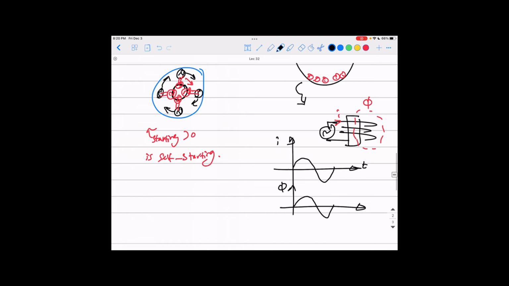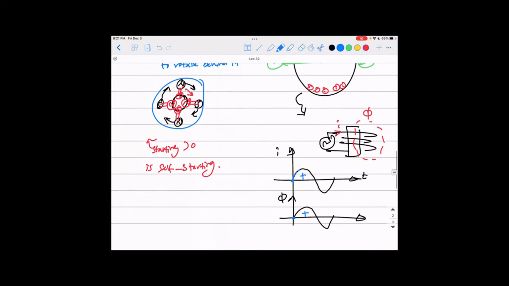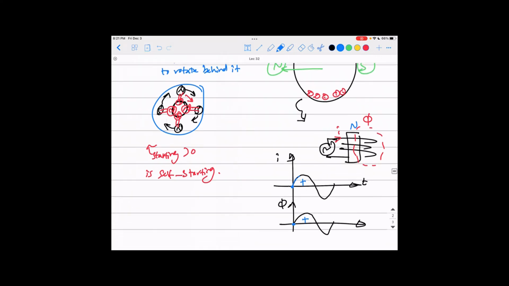So the whole point is, with the change in the current, it begins from 0 here, so the flux is 0. The current goes positive, so the flux goes positive. Maybe you have a north pole here and a south pole down there. And the current keeps going up, and that means the strength of this magnetic field goes up. It is still a north pole, but it's going up with it.